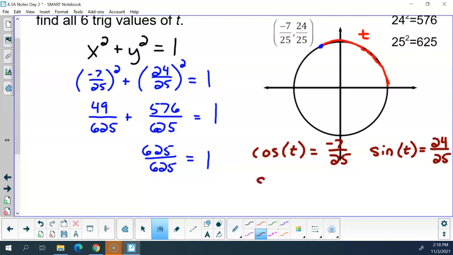The secant is going to be the reciprocal of the cosine, which would be negative 25/7. The cosecant would be the reciprocal of the sine, 25/24.